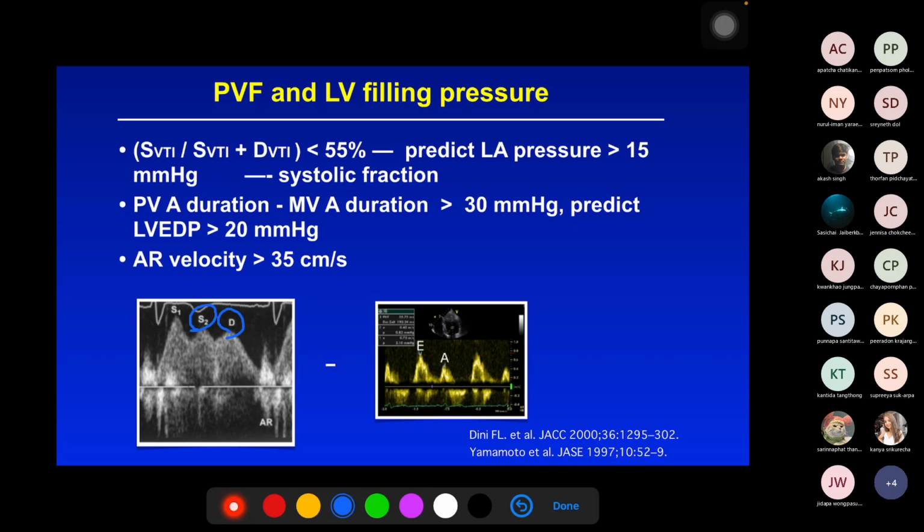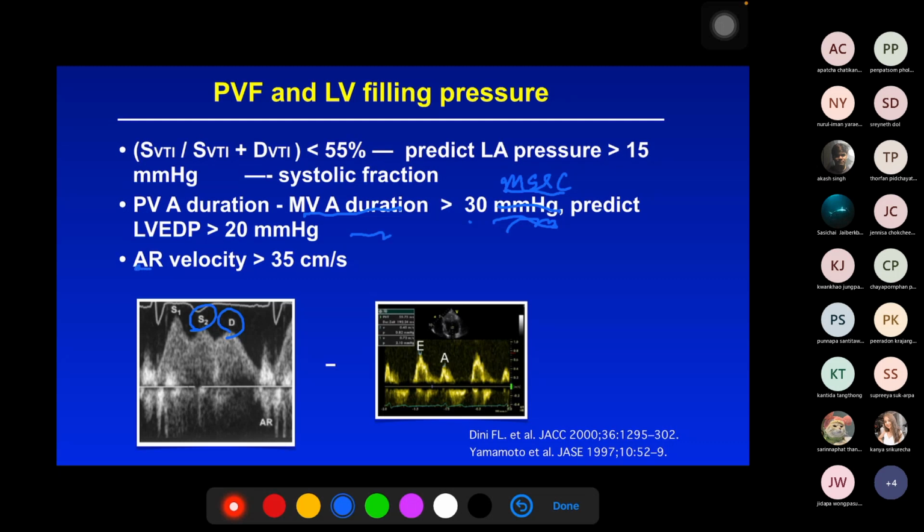And you use the PVA duration minus the MVA duration over 30 milliseconds. Please correct this, it is not millimeters of mercury. It's time, it's milliseconds. This one represents high LV filling pressure.